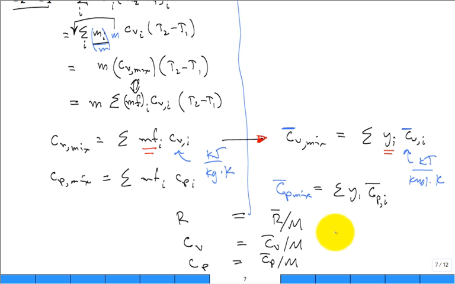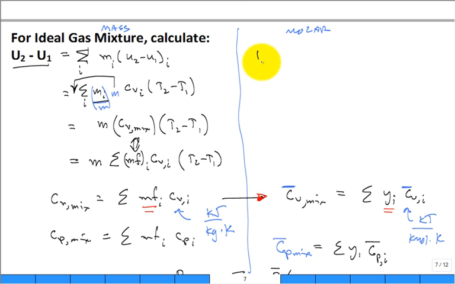Once you got the pattern, it's almost too easy, isn't it? Well, you can do the same thing here, and you would say, okay, we have the change in the internal energy, but it's going to be the sum of the number of moles of each component times U bar 2 minus U bar 1 of that component.